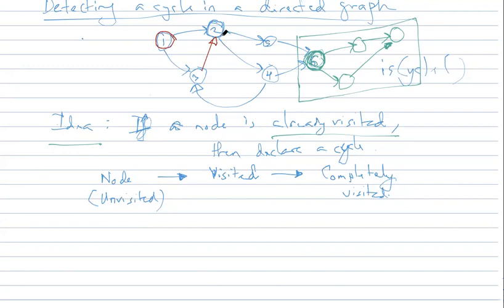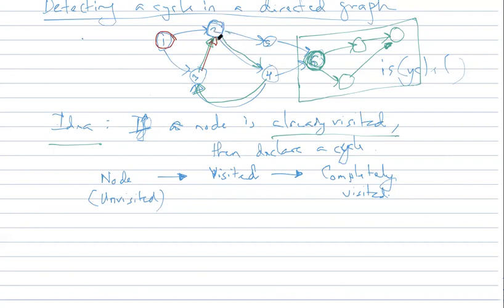But in the case of a cycle, I'm visiting this node, right? And while I'm visiting the nodes that are reachable from 4 to 3, so we are visiting nodes with respect to 2. So from 2 to 4, from 4 to 3, and then from 3 to 2. So I have not yet completely visited this 2. I'm in the process of visiting all the nodes that are reachable from 2.